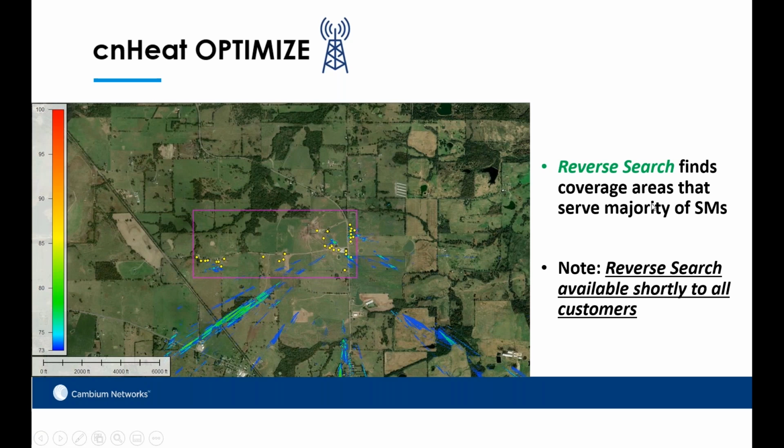What the reverse search does is it lets you find coverage areas that would serve the majority of SMs. So over here you can see this is 73% all the way to 100. And we can find those areas that give the highest percentage coverage. You wouldn't think of it, but a real good swath is down here. It's covering these SMs and all the way across, as opposed to you thinking you might be in your little rectangle.